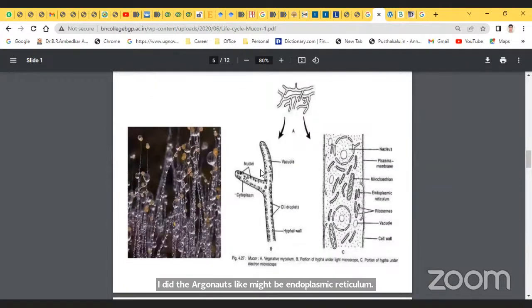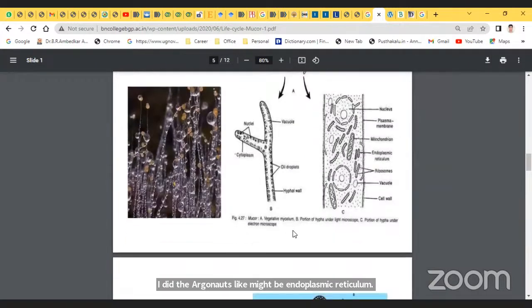Next, these are the diagrams. Vegetative mycelium under the light microscope, and C is the portion of the hyphae under the electron microscope. Here you see the nucleus, plasma membrane, mitochondria, endoplasmic reticulum, ribosomes, vacuoles, and cell wall.